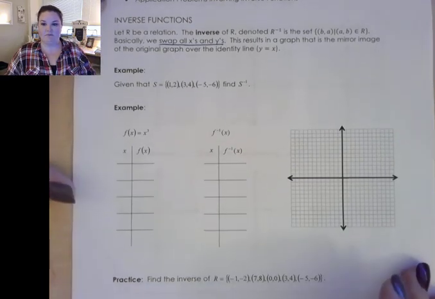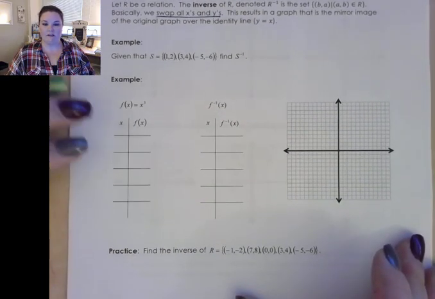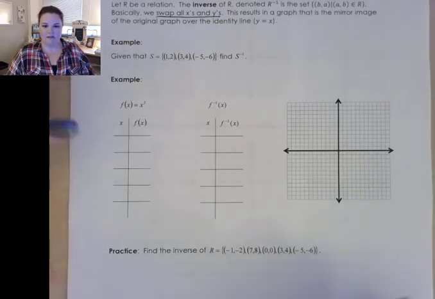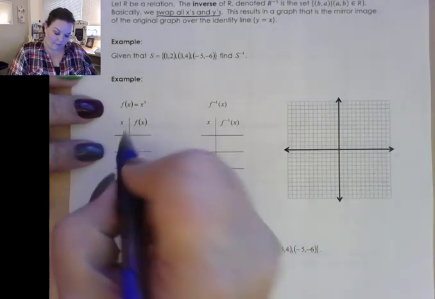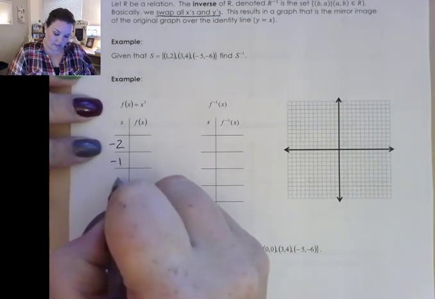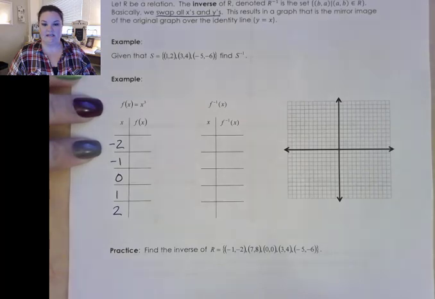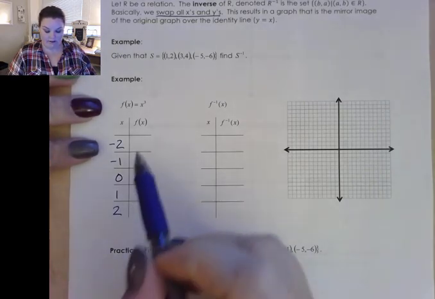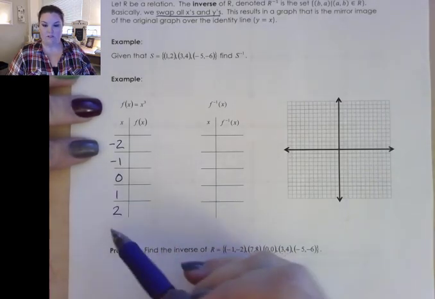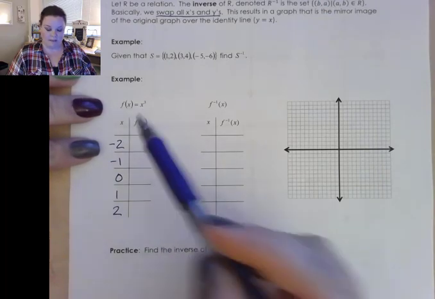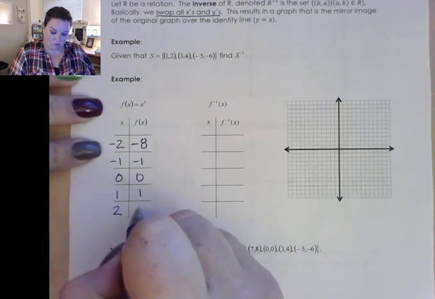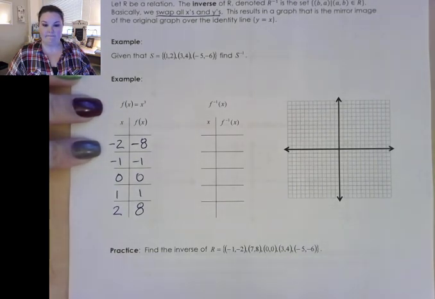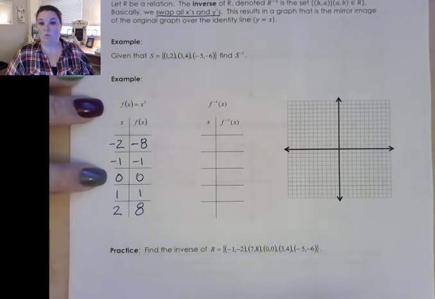So I'm going to skip this example for just a second, and I want to show you what this looks like graphically so that you have an idea. So we're going to use x cubed as an example. I'm just going to pick some random points so we can get a good graphical representation of x cubed. If I take -2, -1, 0, 1, and 2, and I plug them in and cube them, I'm going to get -8, -1, 0, 1, and 8. Okay? So I want to graph this so that I can see what this cubic function looks like.